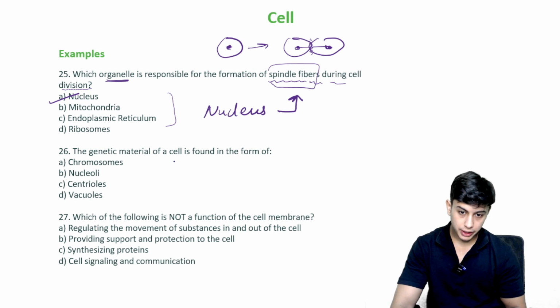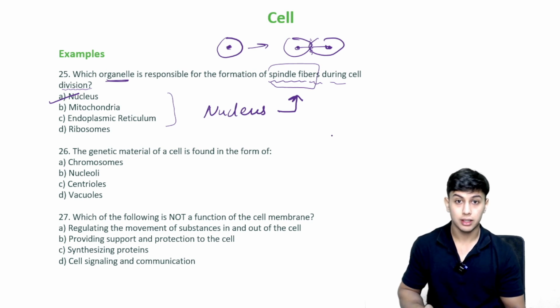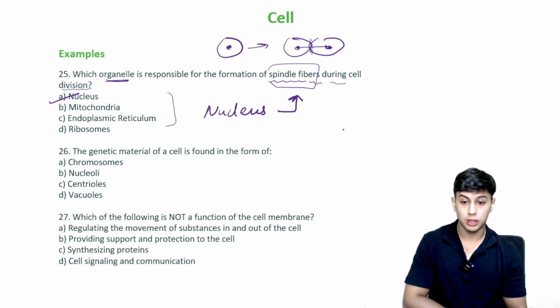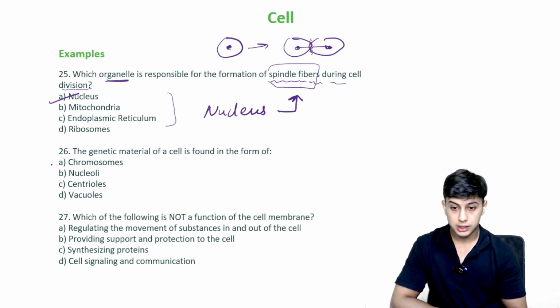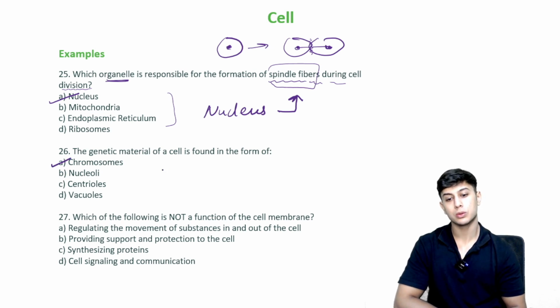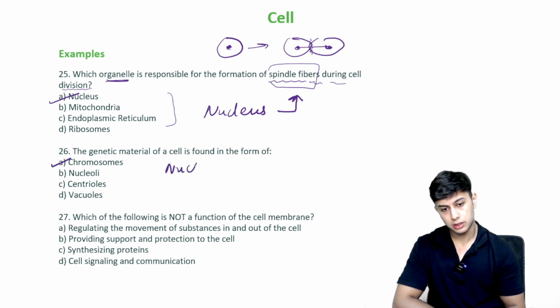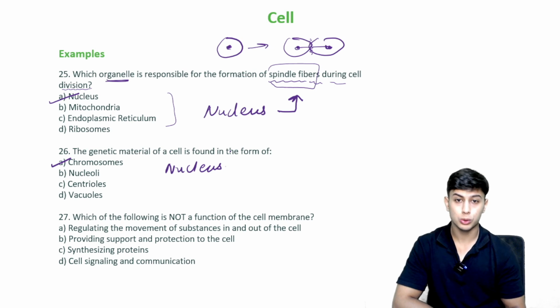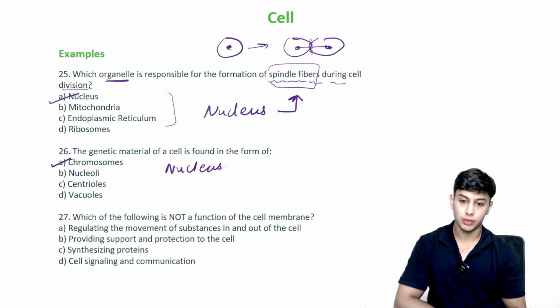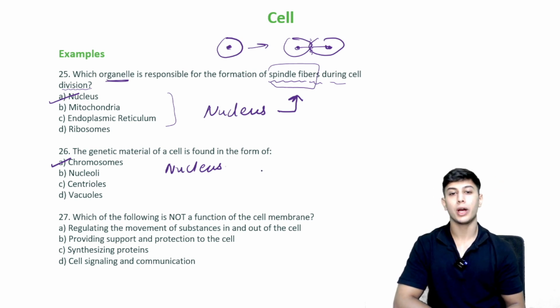The genetic material of a cell is found in the form of, what is genetic material? The genes, the DNA, alright, the chromosomes. Answer is A, chromosomes. Where is it found? In the nucleus. Okay, chromosomes are found in the nucleus. What are the chromosomes of a human boy?